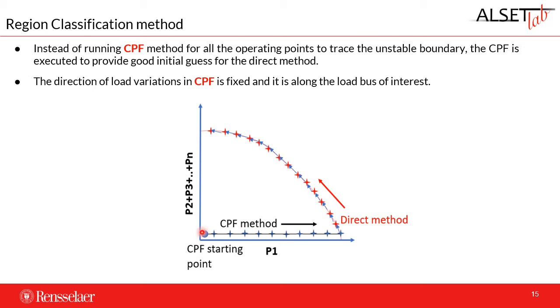The CPF method goes in this direction in the load increase, and once we find the boundary, we solve for the next point with a direct method. Then we use the CPF again, then the direct method again, and so on. That allows us to trace the boundary quite easily.